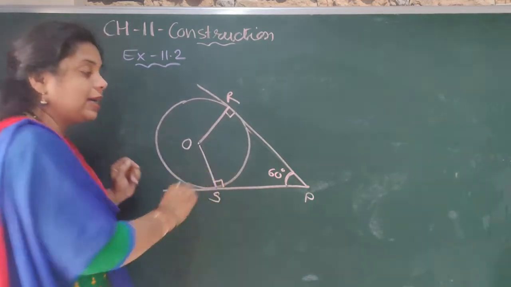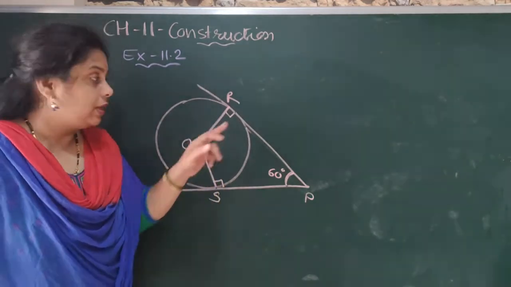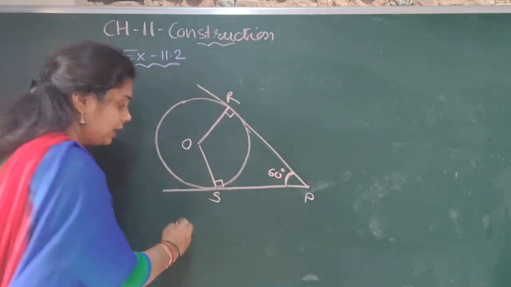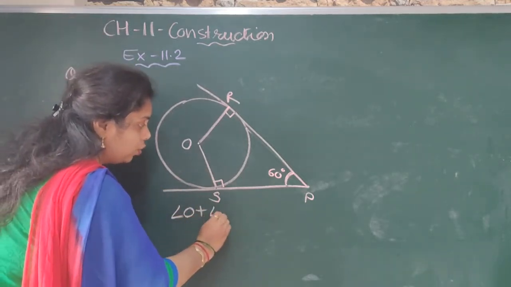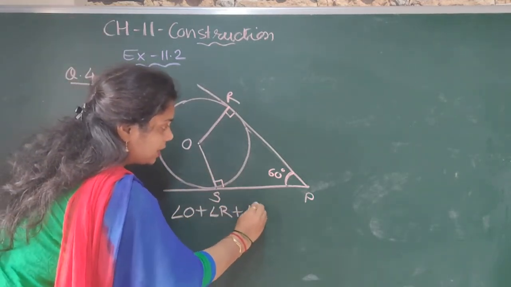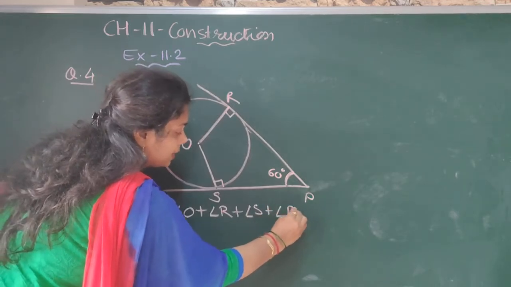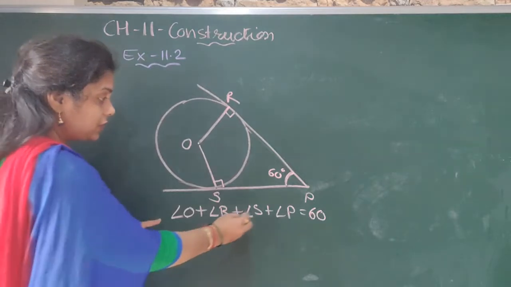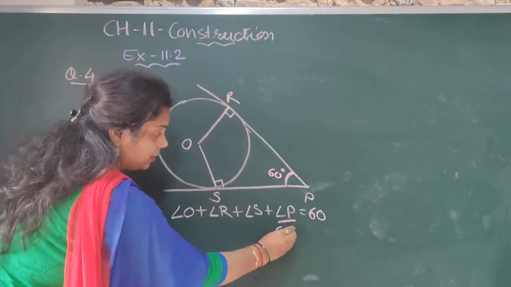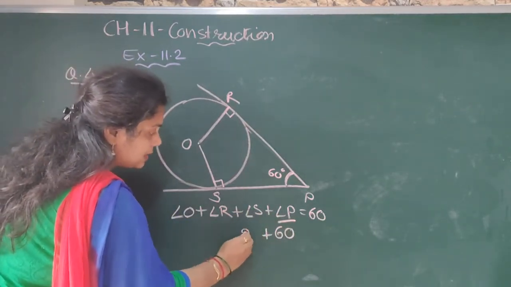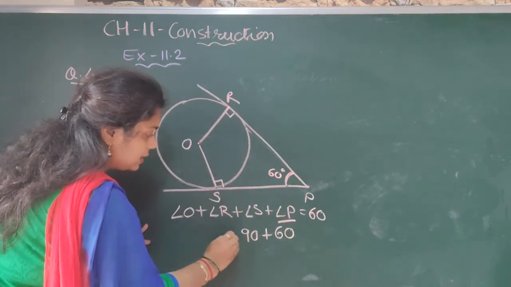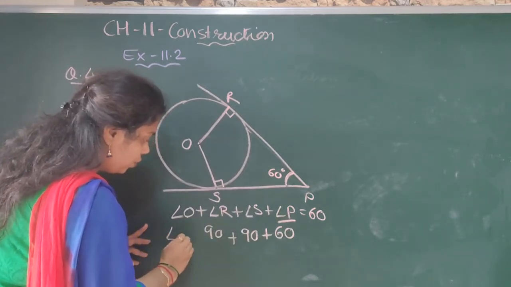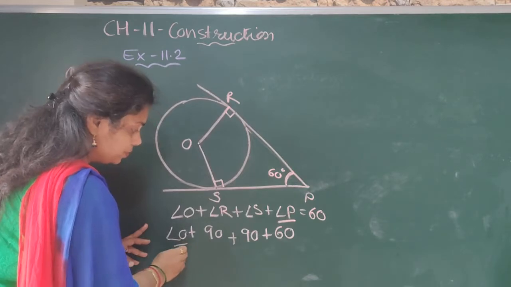So these two are 90 degrees. Angle O plus R plus S plus P is equal to 360 degrees, and out of this we want P as 60. S is 90, R is 90, and O we don't know.